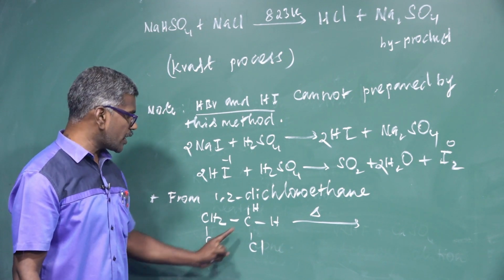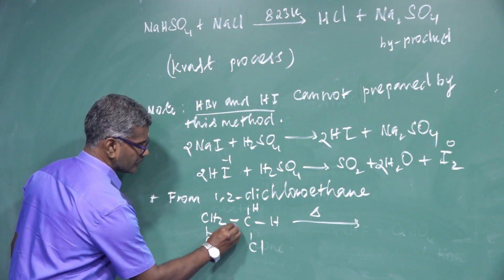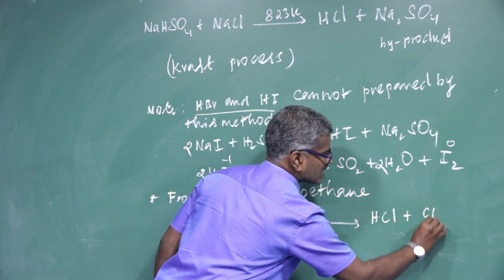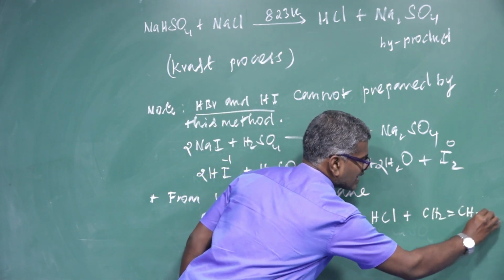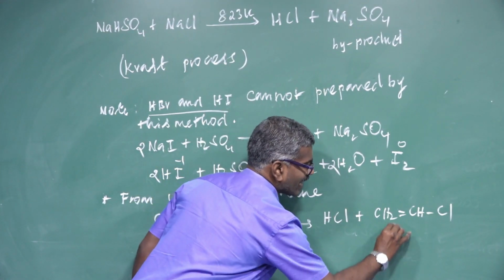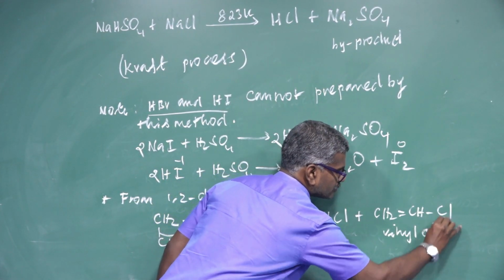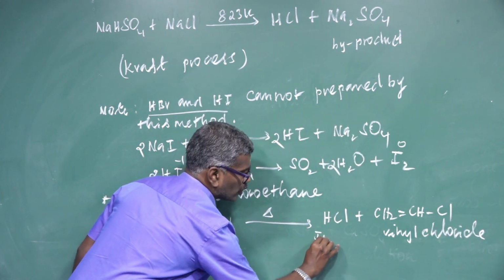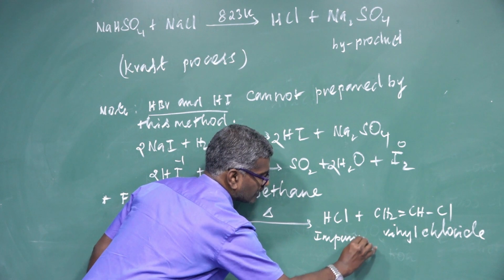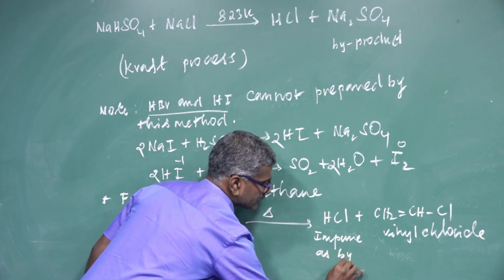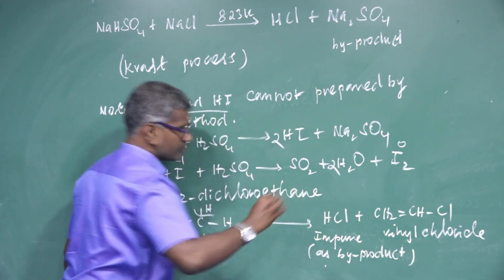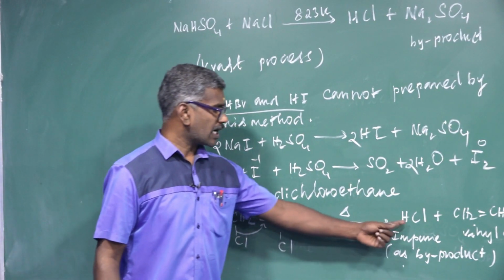Removal of chlorine and hydrogen, forming HCl plus CH2=CHCl. This is called vinyl chloride. HCl is formed as an impure byproduct. This is another preparation of HCl.